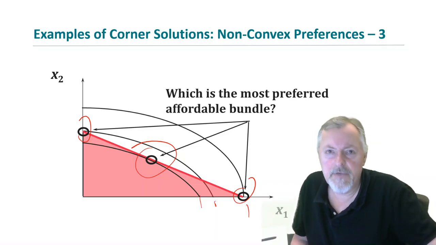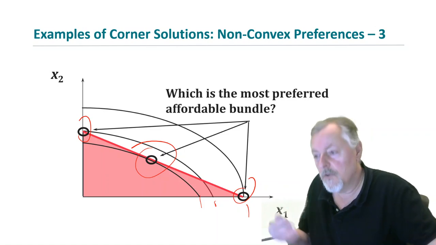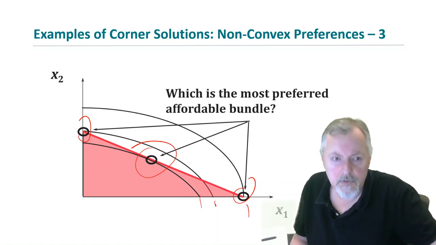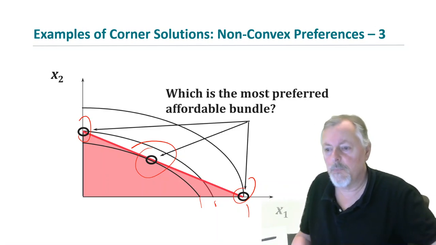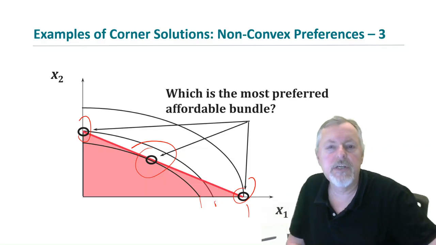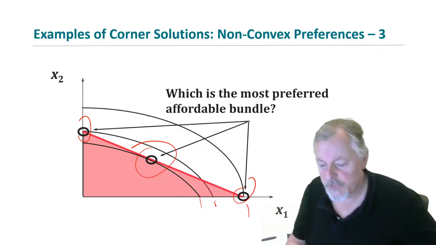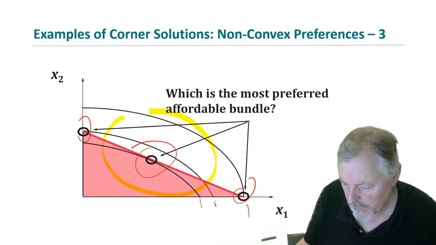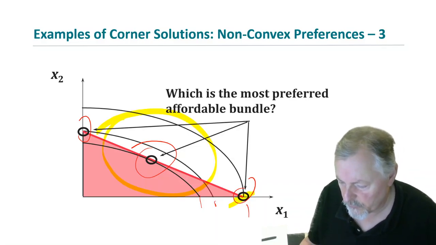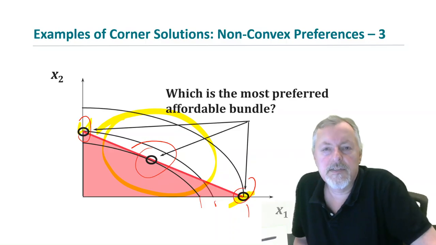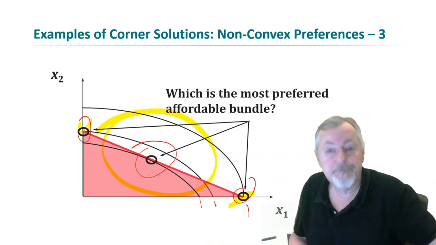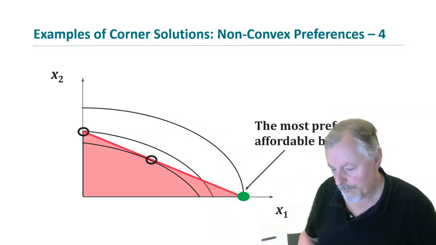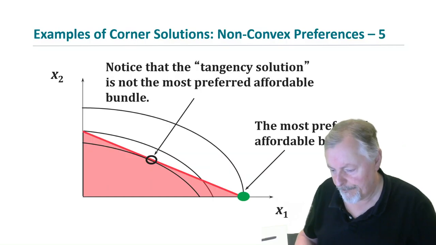When you have non-convex preferences, you're frequently going to end up with a corner solution. This person with these preferences will never choose an intermediate amount, will never choose an interior solution in here. They will always choose a consumption bundle at one of the corners, like that one.